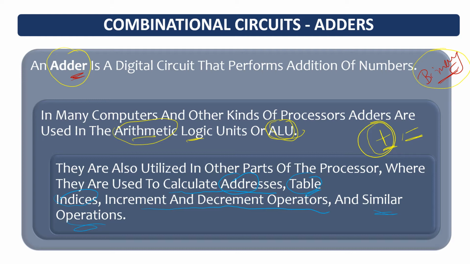So suppose I have 5 instructions, so 1 is done, then I need to increment or decrement my counter, to track how many are left or how many are performed. So we need increment and decrement operations for that. So to perform all these types of operations we need an adder. Okay, so it was all about the adder.